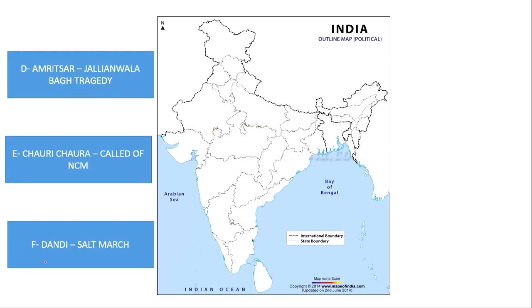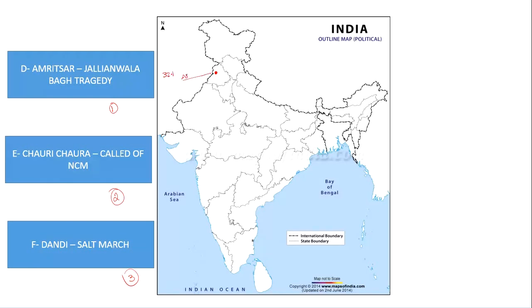Let's take the last three places. That is one, Amritsar; second, Chauri Chaura; and third, Dandi. You know, Amritsar is a very important place in the history of national movement. You can locate here Amritsar. You can write, as an example, 32.1.